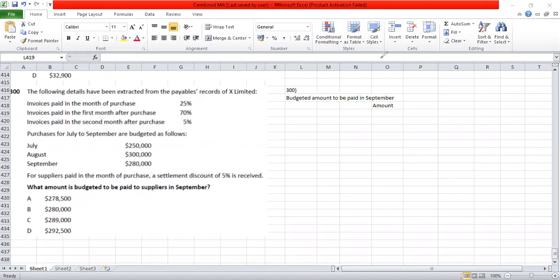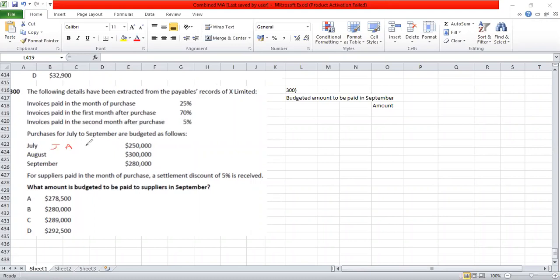Purchases for July to September are budgeted as follows: July, August, September. So if we start with July, a part of the amount is in July, another part of it is in August, and another part is in September.